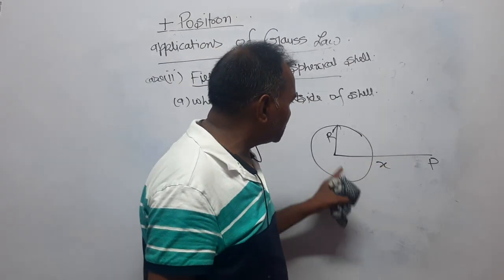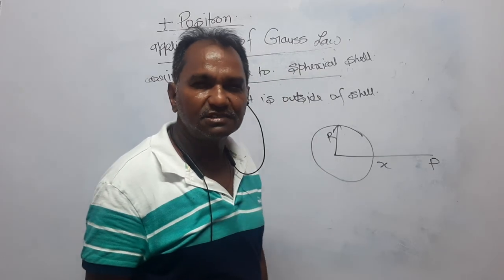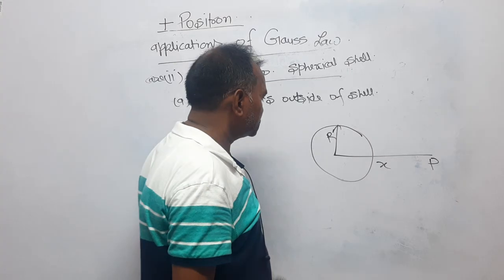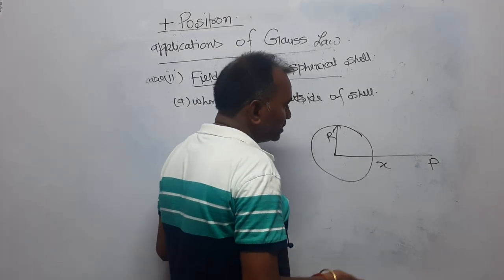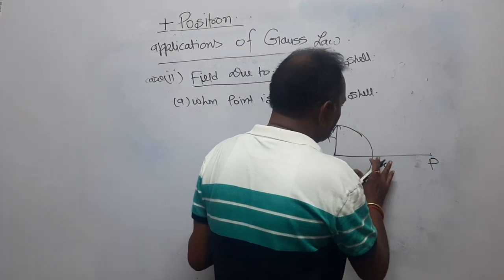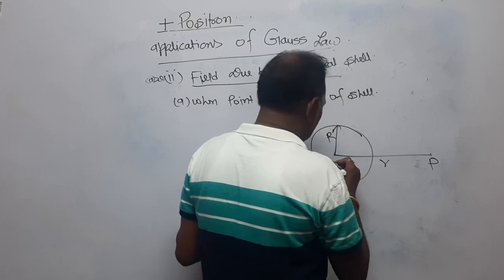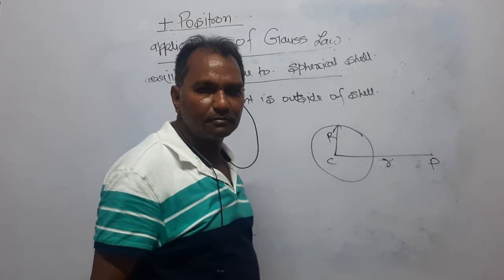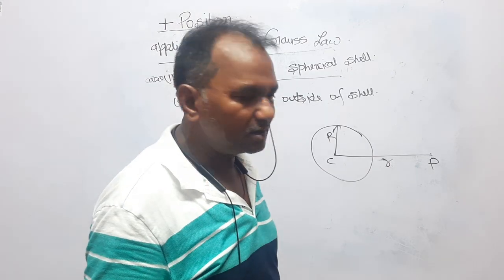Dear students, look here. This is the center, and point P is a smaller distance away from the center, where we have to find out the field.